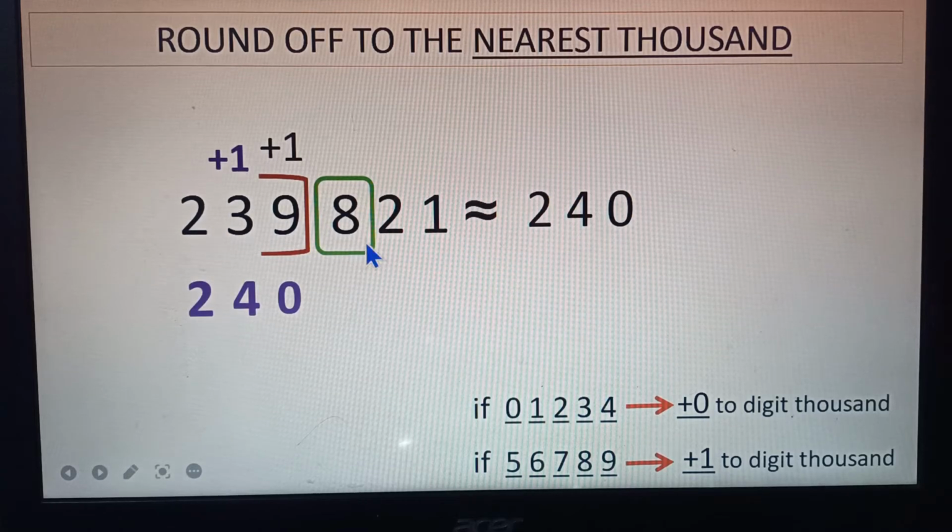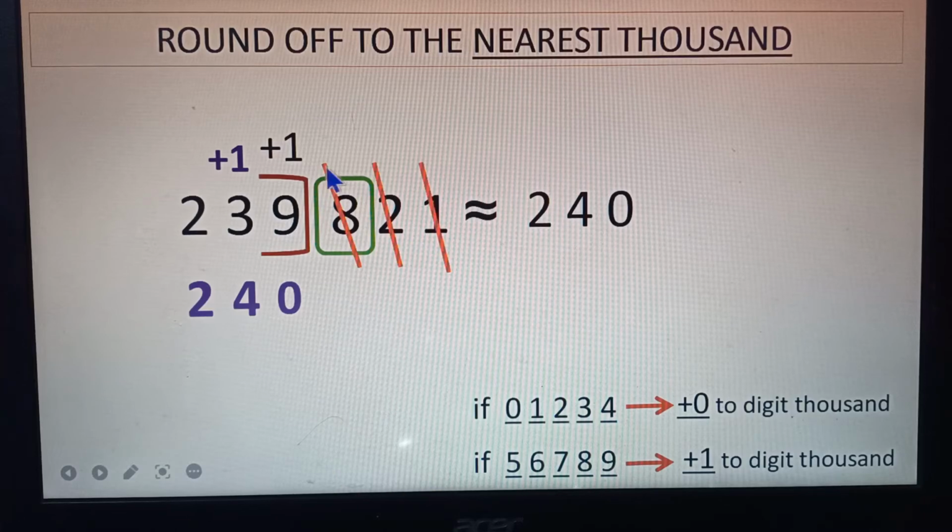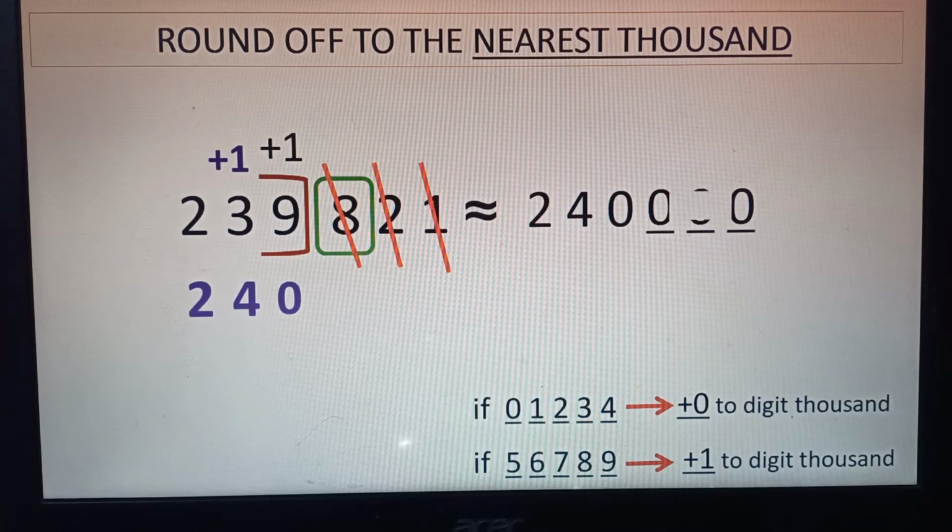Next step, the neighbor di belakang ni. Cancel sebelah staple tu, and you replace with 0, 0, 0, and the answer is 240,000.